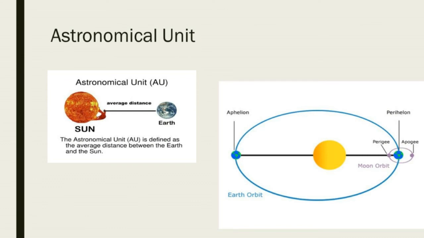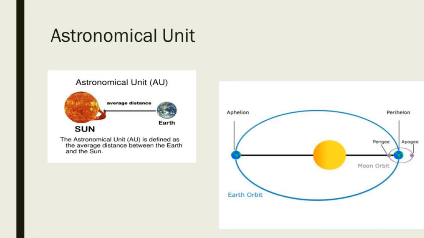Astronomical unit. We all know that the earth revolves around the sun in an elliptical orbit. Hence, the distance between the sun and the earth varies every day. When the earth is in its perihelion position, the position of the shortest distance between the earth and the sun, the distance is about 147.1 million kilometer.